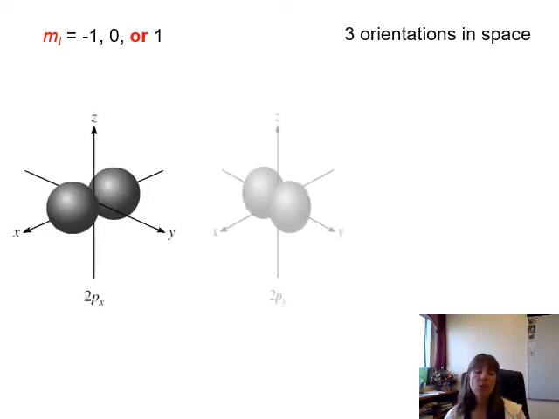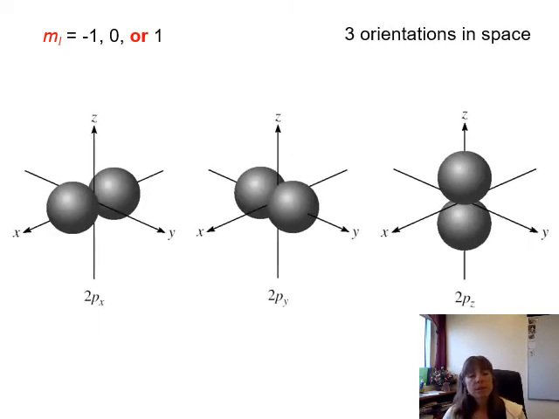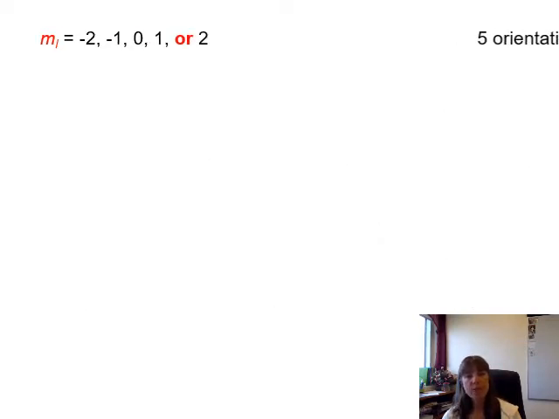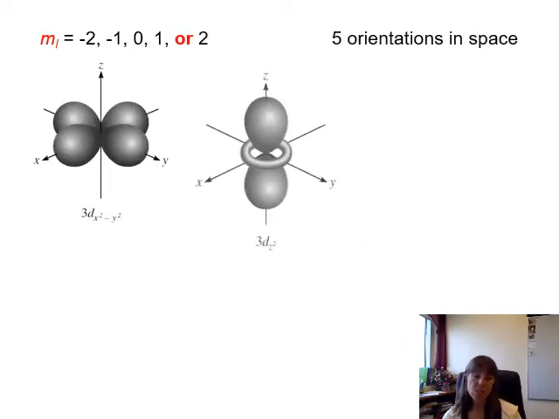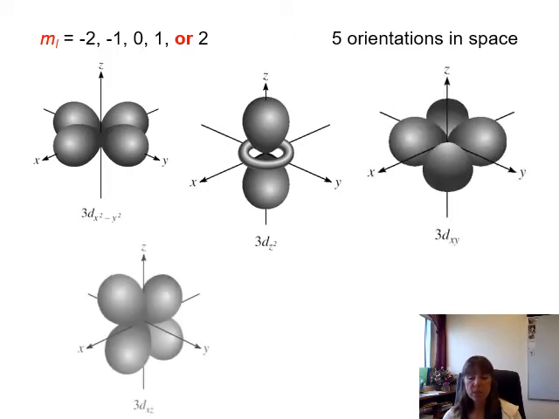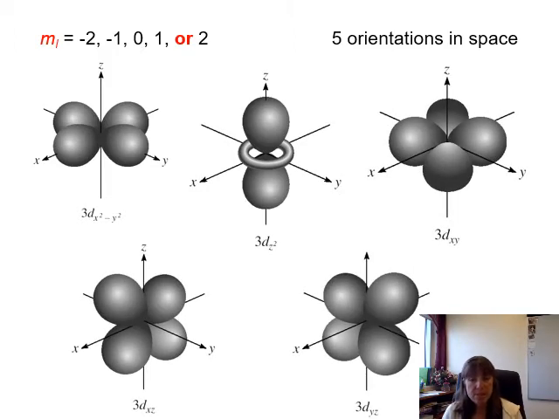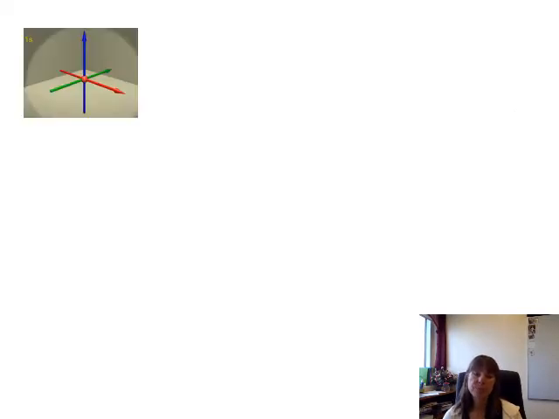So there's our 3 orientations in space of the p orbitals. So you have a px, a py, and a pz. For d orbitals, we have 5 orientations in space. And don't worry about really truly understanding what this is. Just realize that it is different shapes that are described by the equation that the electrons are allowed to occupy.